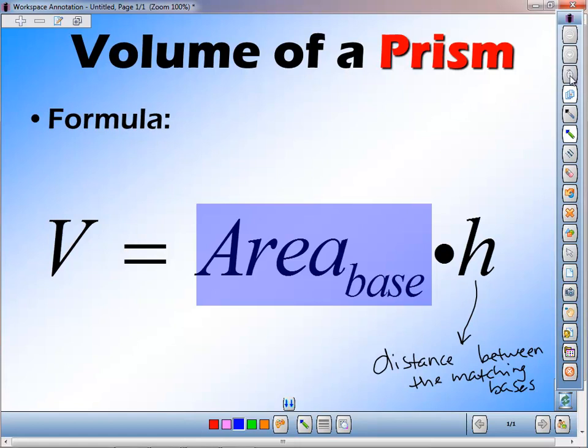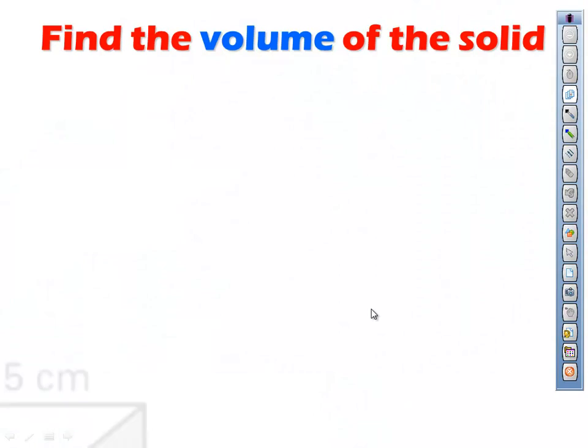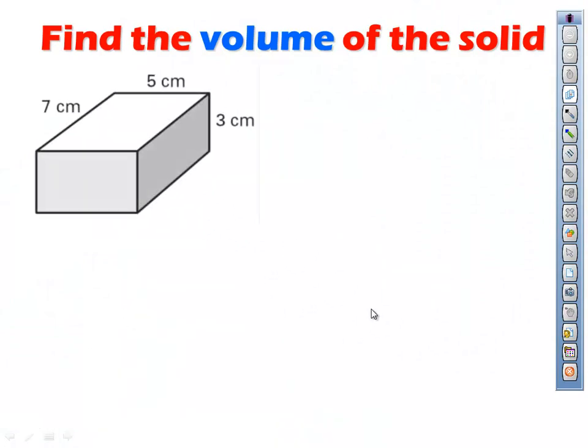Alright, let's go ahead and try a problem. So if you will please draw this in your math notebook. Okay, and in some ways this right here is a rectangular prism. In some ways it's the easiest one, but in other cases it's a little bit tricky to figure out. And here's why. On most prisms it's pretty obvious which face is the base.